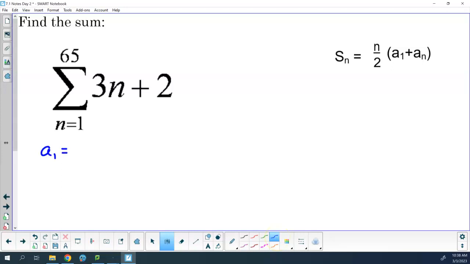How do I find the first term? Plug 1 into my rule, right? 3 times 1? 3. Plus 2? 5. Love it.